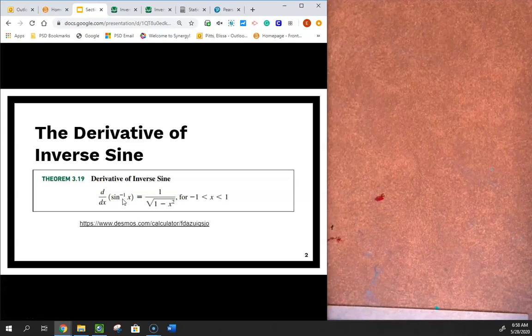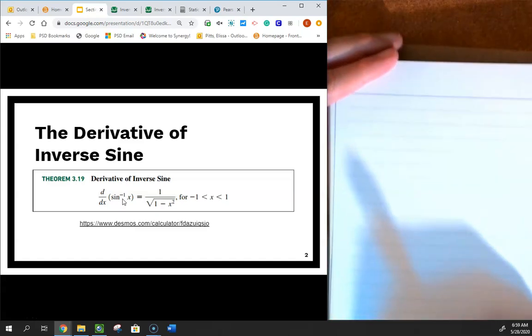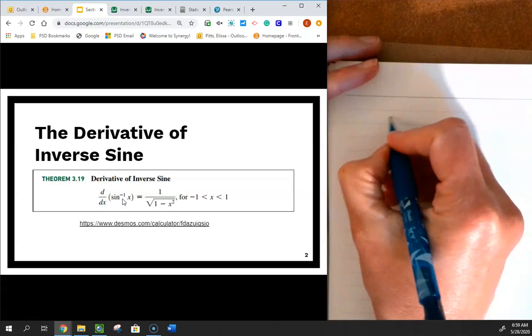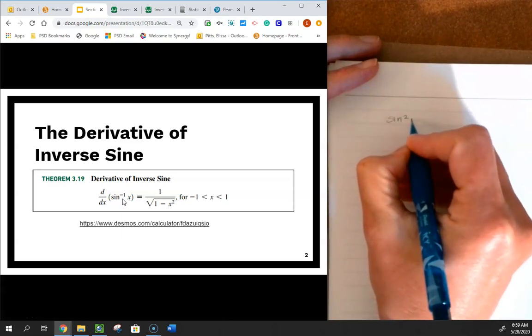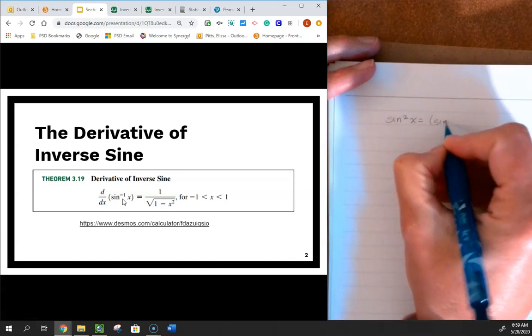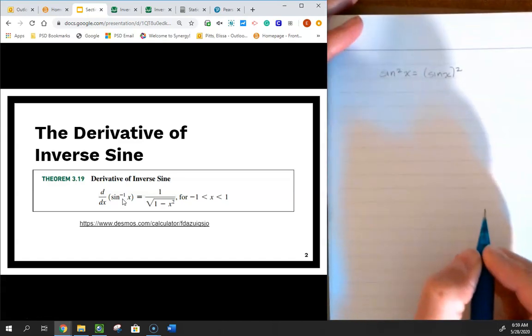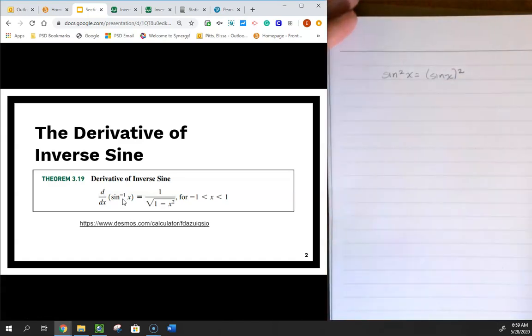So I think notationally that sometimes this can be confusing because we are used to saying something like sine squared of x is the same thing as sine of x squared. But with inverse functions, that's not the case.